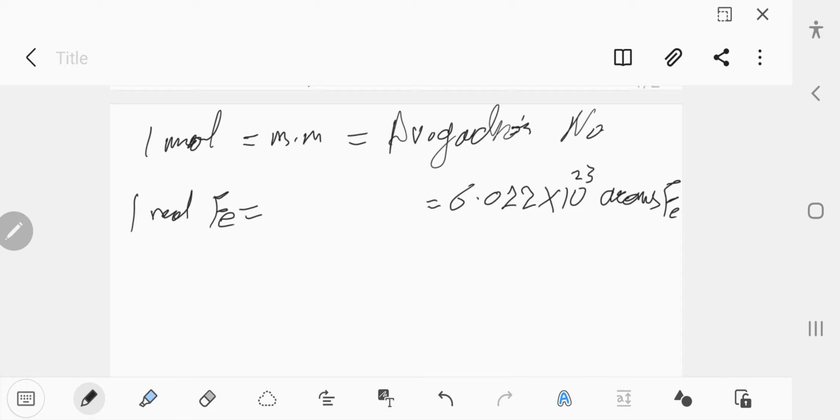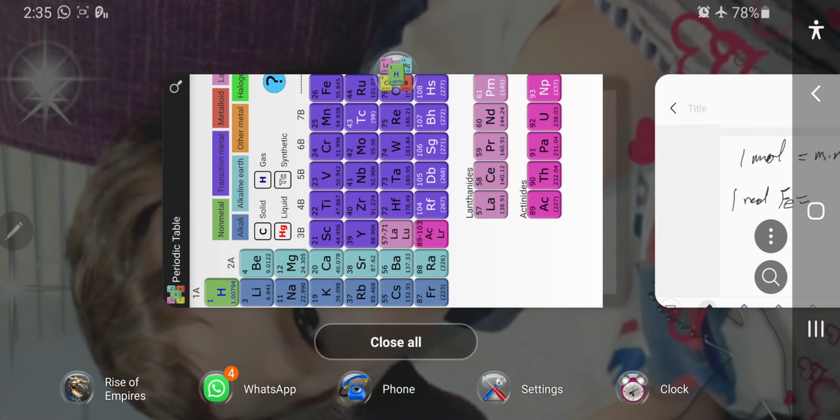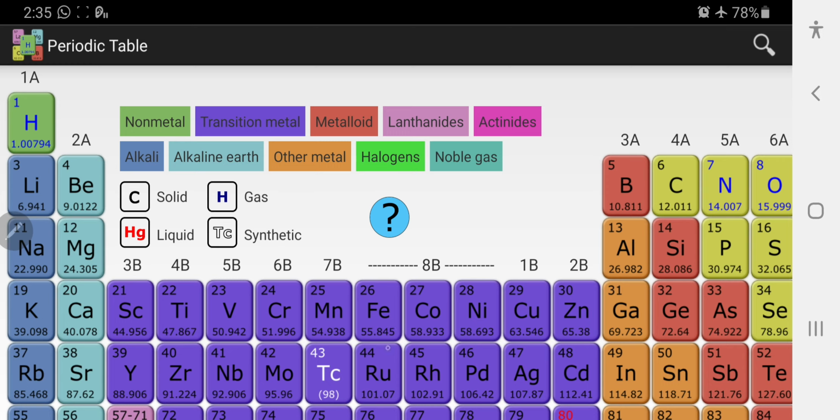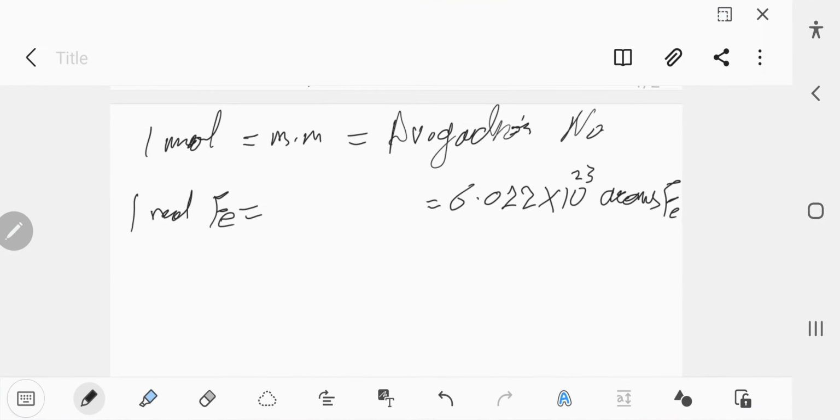Sorry, Fe is iron, not fluorine, which is also the molar mass for iron, as you can see here, which is almost 56. So the 56 gram here is the mass for 1 mole, and at the same time it is the mass of Avogadro's number of iron atoms.